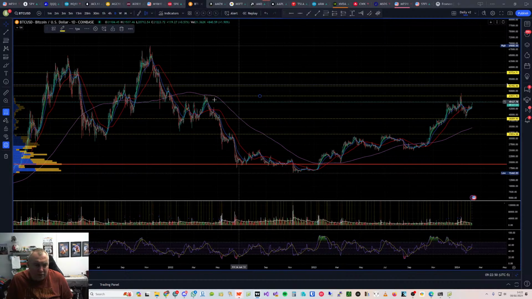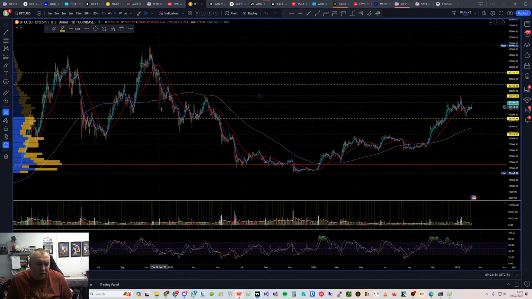That's a significant area as well. It's got pivots previously. You can see we had a big reaction last time we got there. There's an area of confidence as well, so tops and bottoms of candles, tops and tops. But if it breaks it, comes back, it could become the floor, and then we can watch for the next level up. Otherwise, watch for a bounce down at 38,000 again. 40 to 38,000 for potential bounce.